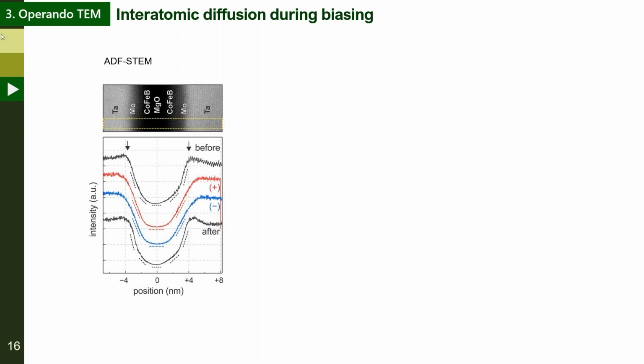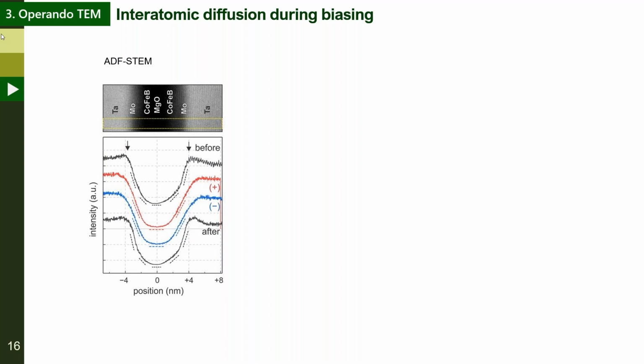Before biasing, you can see high contrast in the tantalum layers, and distinct slopes in each cobalt iron boron and magnesium oxide layer. We also see a slightly brighter contrast near the tantalum and molybdenum interface, because of the strain imposed, since their lattice contrast is different.